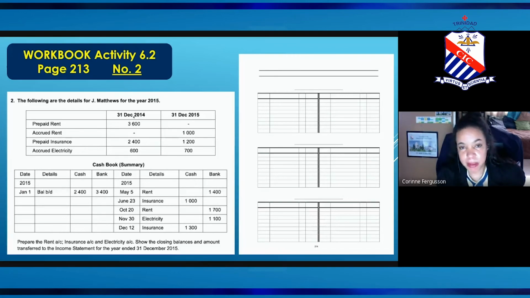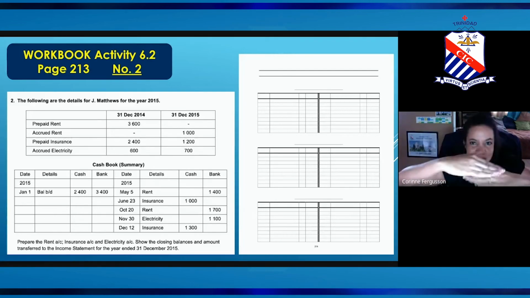Where would you find your payments? Cash book. I hope everybody is seeing the mouse. It's the cash book. And what you would see is, for example, rent paid. Notice you have 2 dates for your rent paid, which would mean, do not put it as a total, which would mean your burger is going to get a little extra meat in between in terms of the cash side. For the rent account, you are going to put May 5th, bank, 1,400.